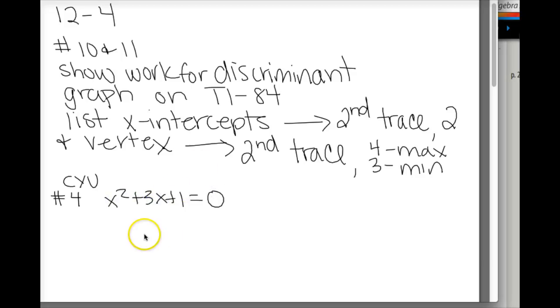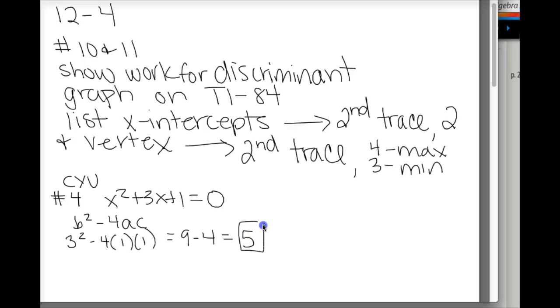So first thing it asks you to do is find the discriminant. The discriminant is found by using b squared minus 4ac. So 3 squared minus 4 times a, which is 1, times c, which is also 1. So 3 squared is 9 minus 4, which gives me 5. So this is the value of the discriminant.